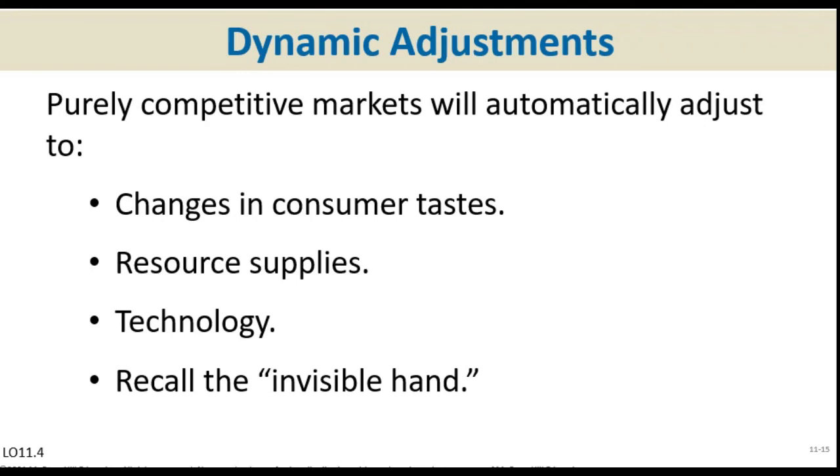Whenever there's an economic loss, they're going to pull out of or shut down in the market where they experience loss. So the adjustment will happen without any explicit order given. So that's what we refer to as an invisible hand.